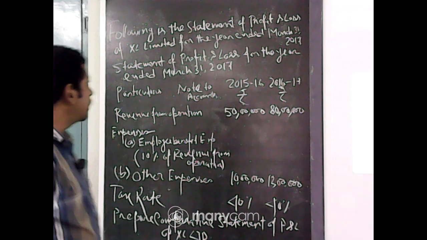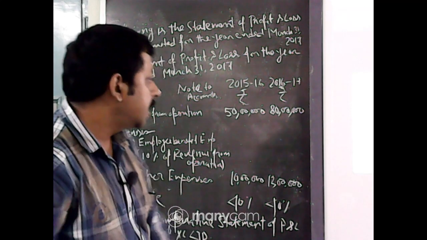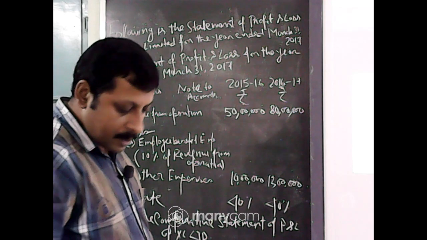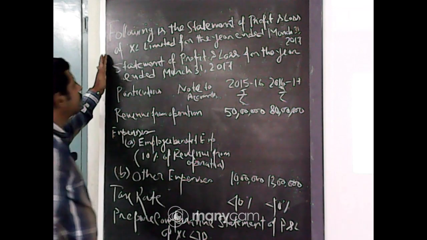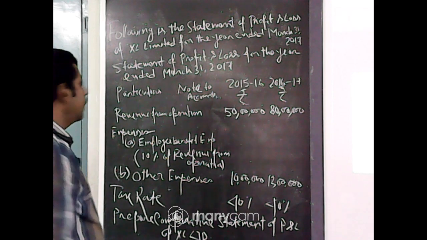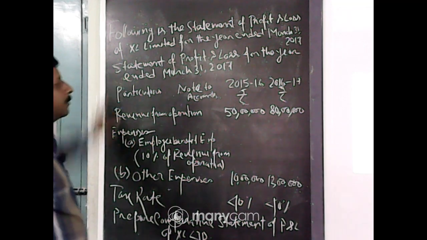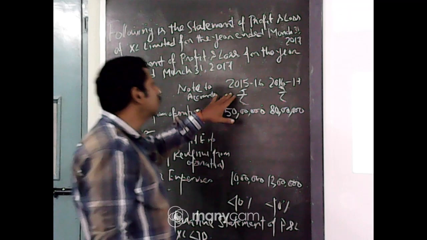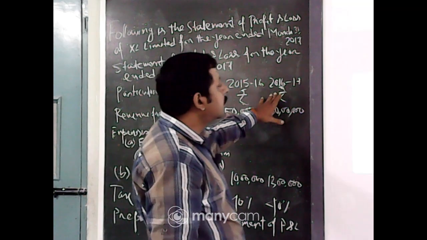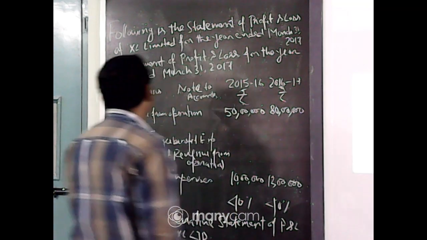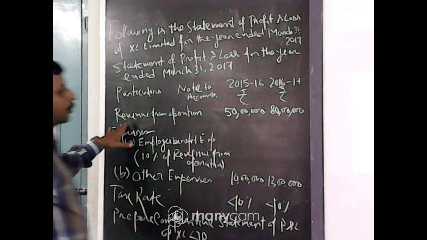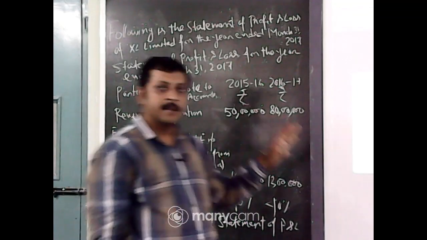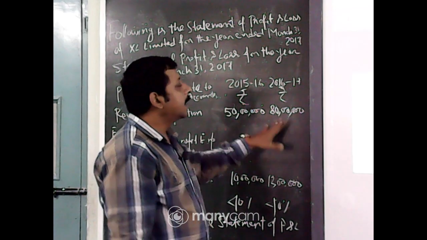They have given the profit and loss statement for the financial year 2015-16 and for 2016-17, and they have given the revenue from operation. Revenue from operation means sales, 50 lakh and 80 lakh.